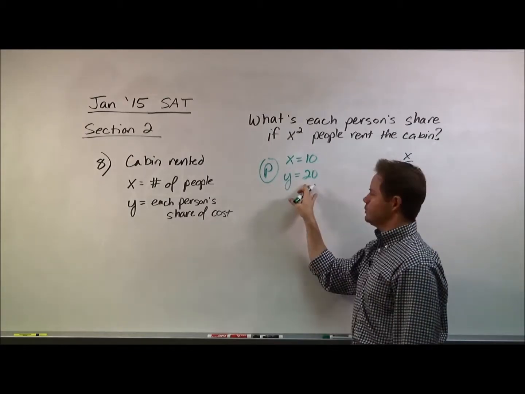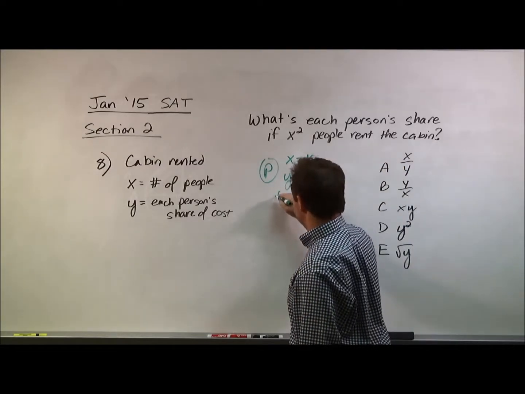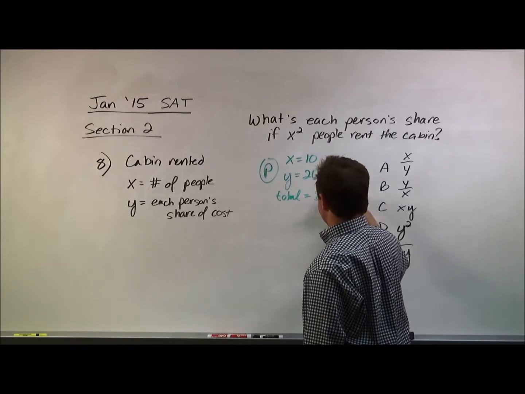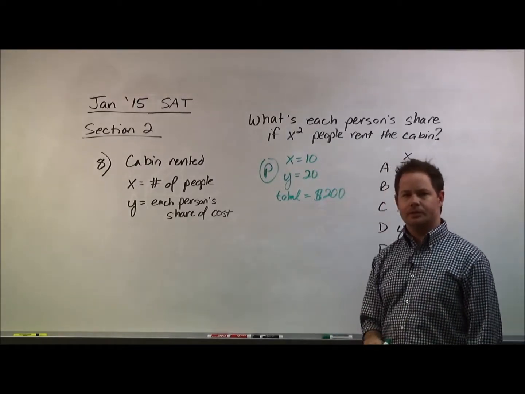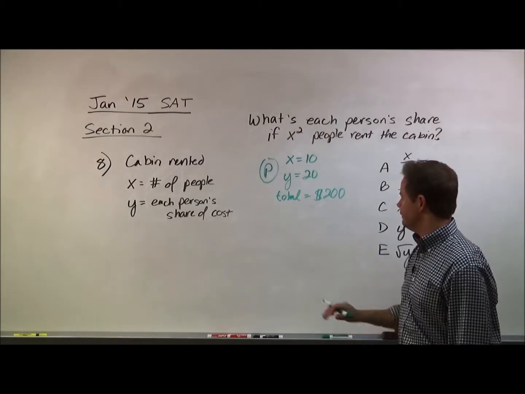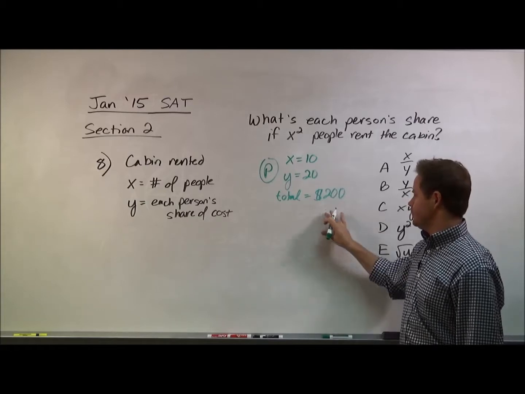So each person shares $20. For 10 people, that means your total cost of the cabin is $200. So not bad for renting a cabin with some friends for the weekend. Seems like a pretty good deal. All right. So we've got 10 people paying 20 bucks each to rent the cabin.